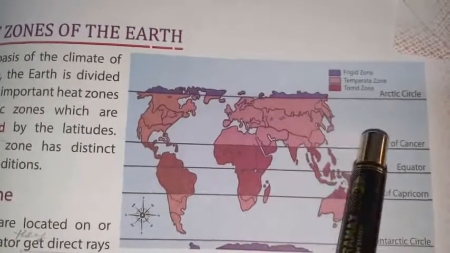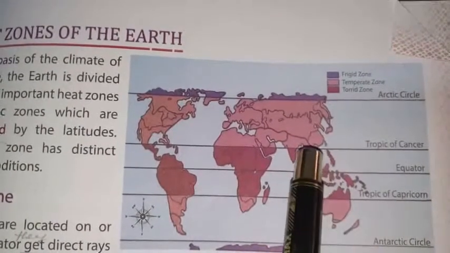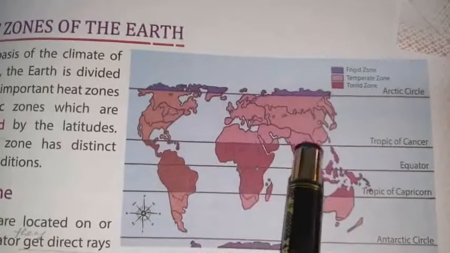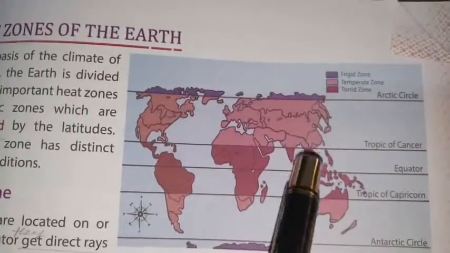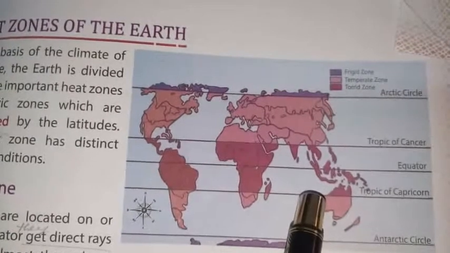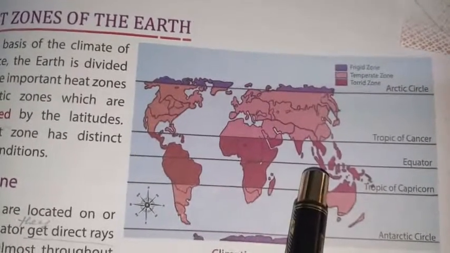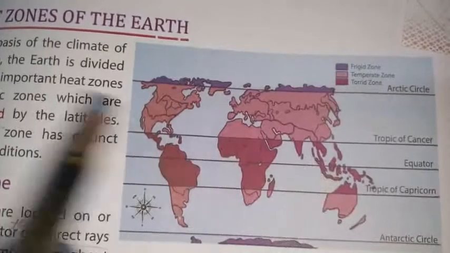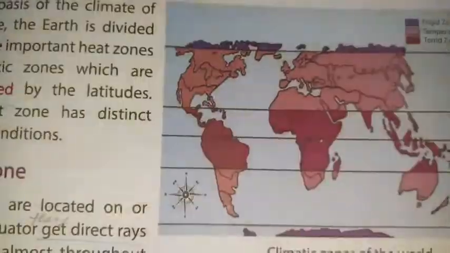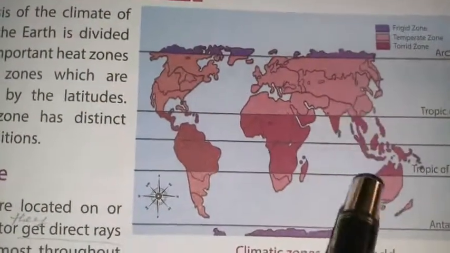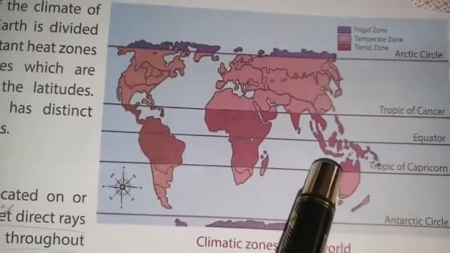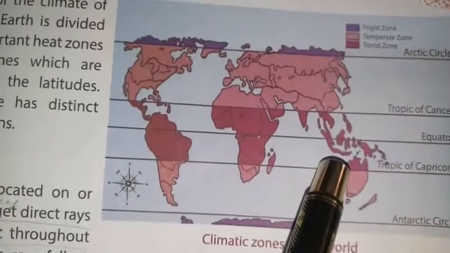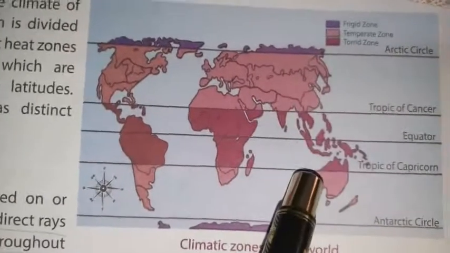Okay, Tropic of Cancer passes to the southern part of India. So, from Tropic of Cancer to Tropic of Capricorn, it is tropical climate, means between Tropic of Cancer and Tropic of Capricorn we have tropical climate.